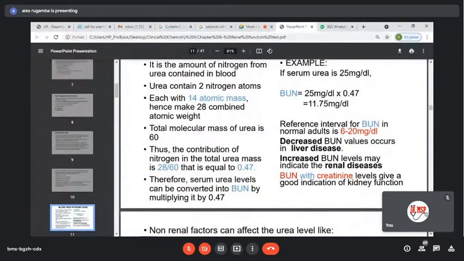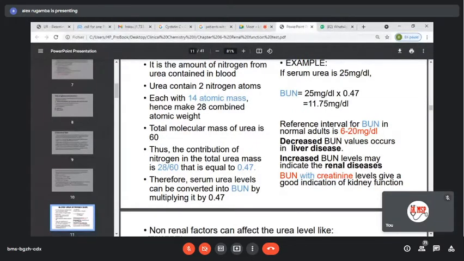Therefore, the serum urea level can be converted into BUN by multiplying the serum concentration of urea by 0.47. I think you understand this, because if you know that the contribution of nitrogen in the total mass of urea is 28, and that the molecular mass of urea is 60, then you take 28 divided by 60, and you get 0.47.